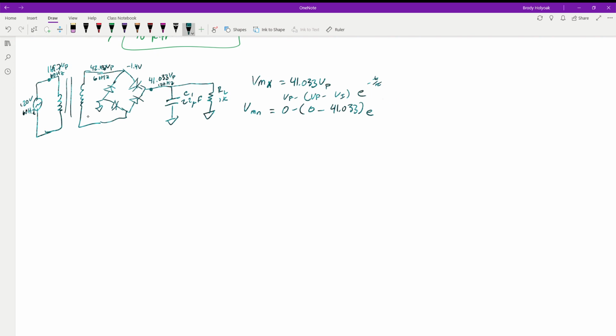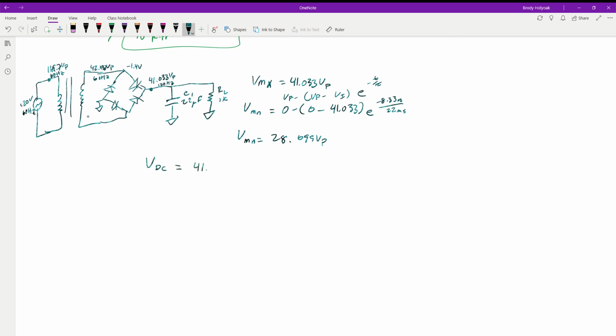Our t is the 8.33 milliseconds, and our tau is still the same at 22 milliseconds. That's one of the nice things, we're not changing any of the other components, we're just adding on one slowly, step by step. So the minimum voltage the capacitor is going to discharge down to is 28.099 volts peak.